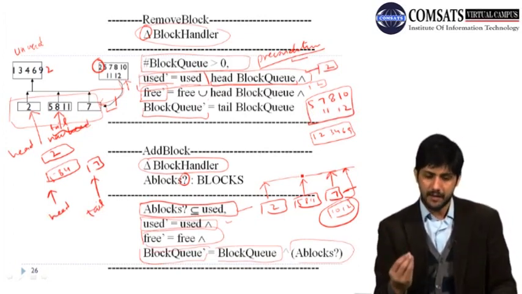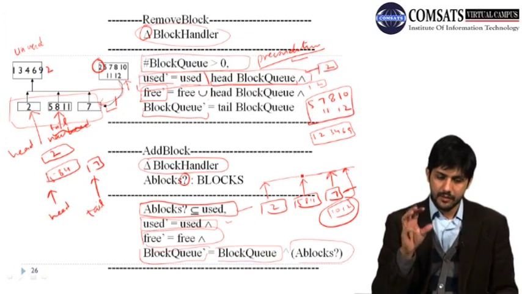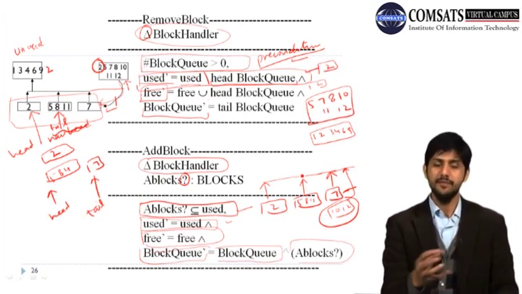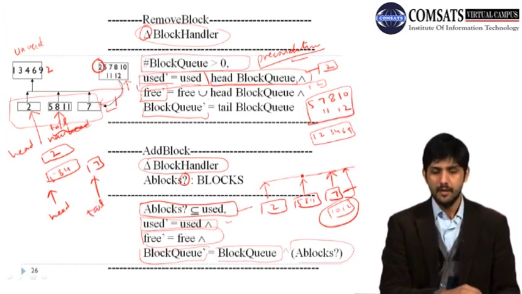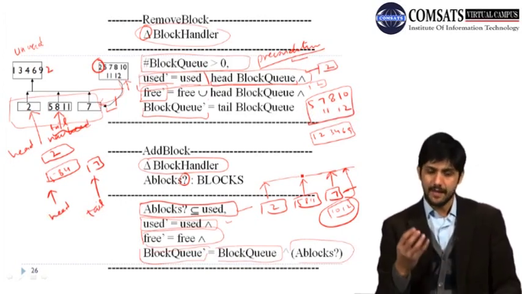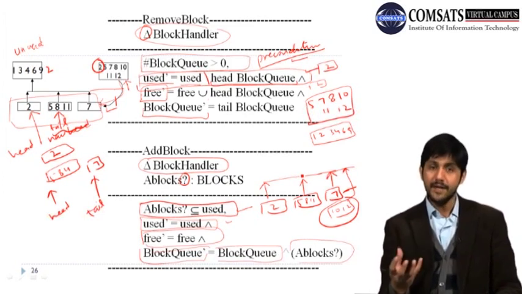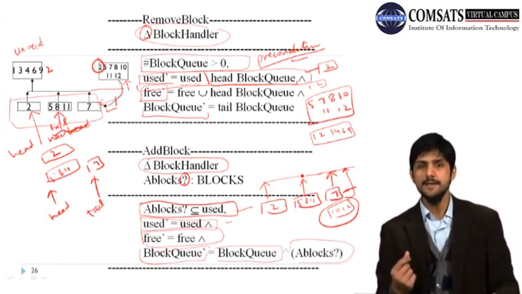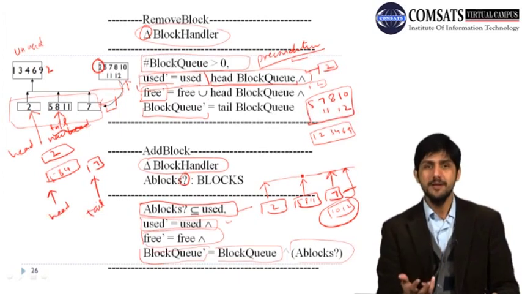Just one concluding remark: having looked at these two examples, the library management system and this block handler, we can relate that modeling a system formally is not an easy task. You need an expert to sit with you to identify the states and the data invariants, because they are the tricky bits.